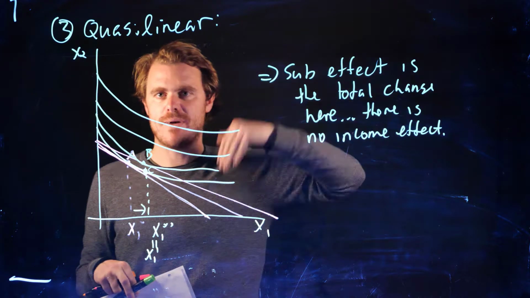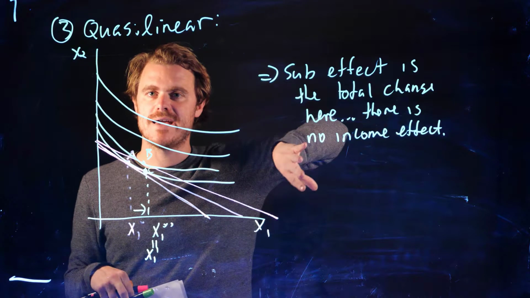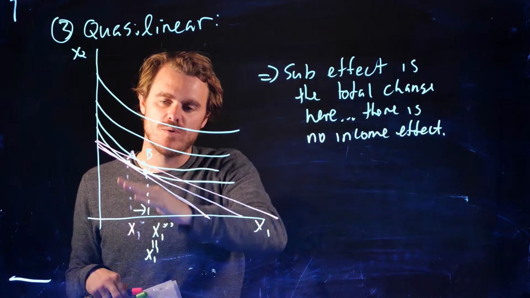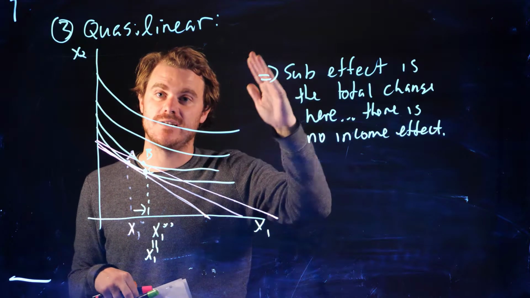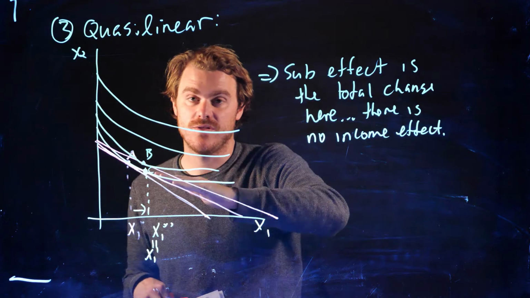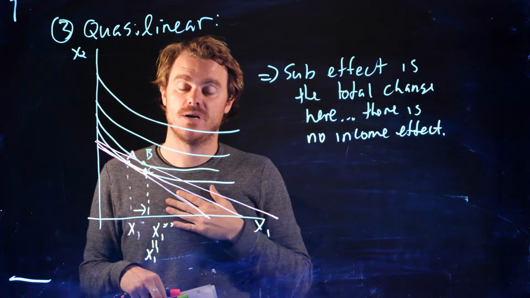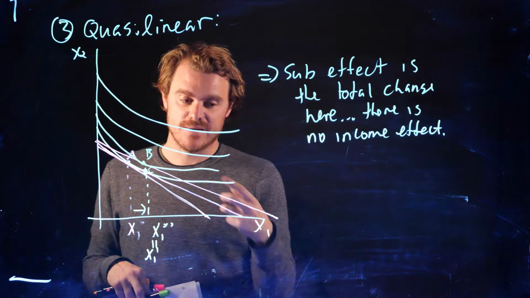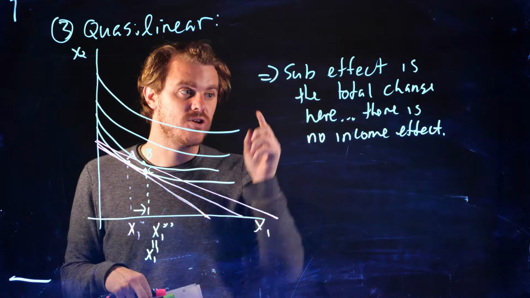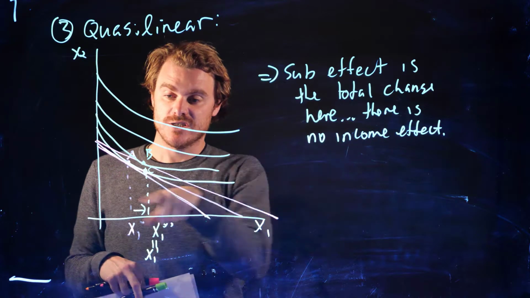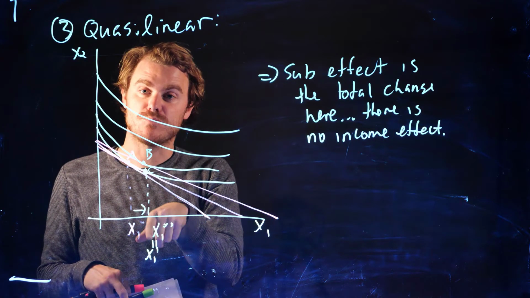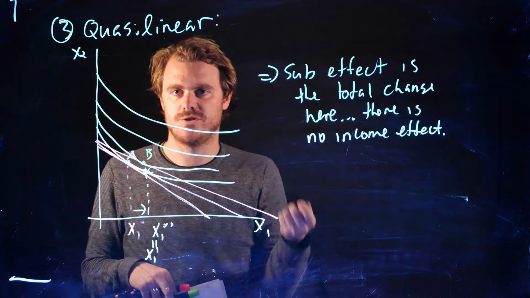If you remember back when we looked at demand in chapter 6, when we shifted the budget constraint out with quasi-linear utility functions, the demand for good 1 didn't change. There was no income effect. So any change we see here from a change in price can only come from a substitution effect.